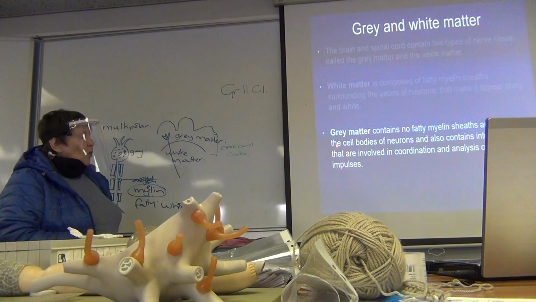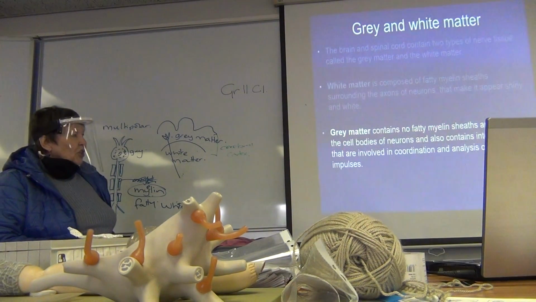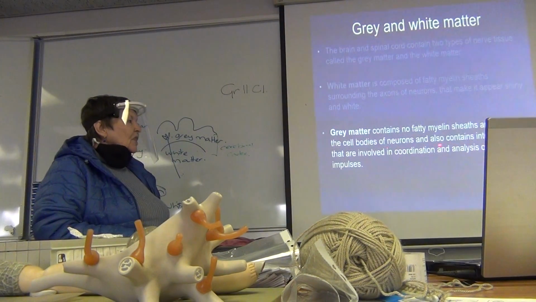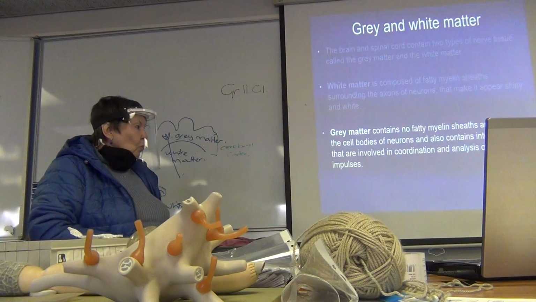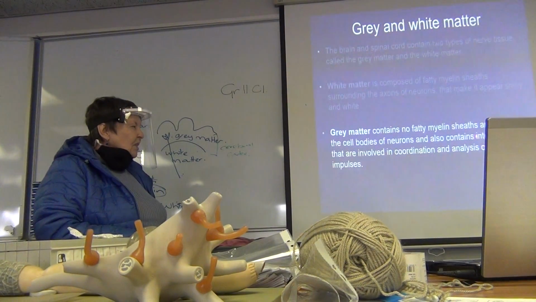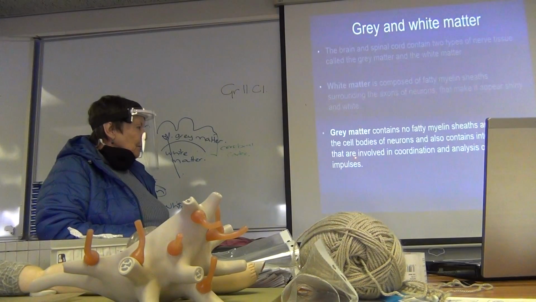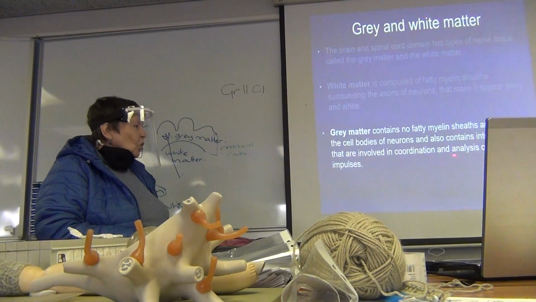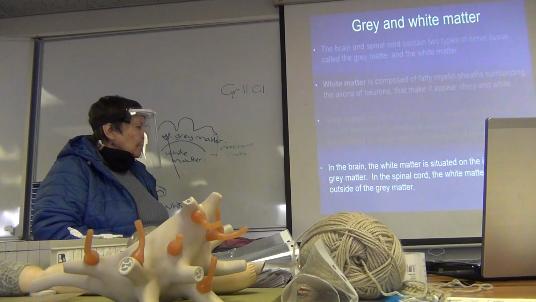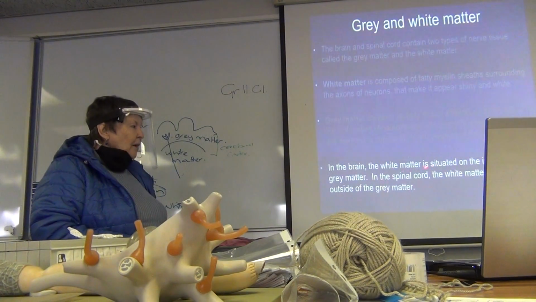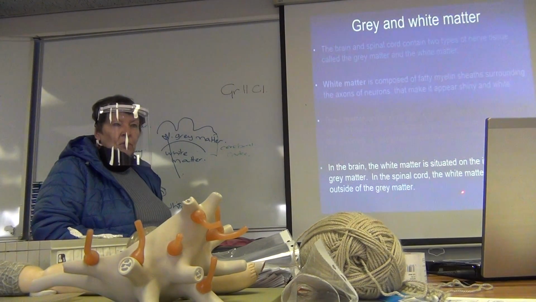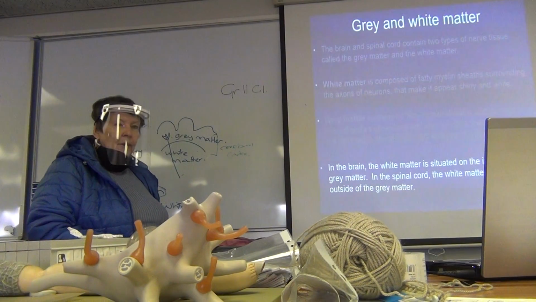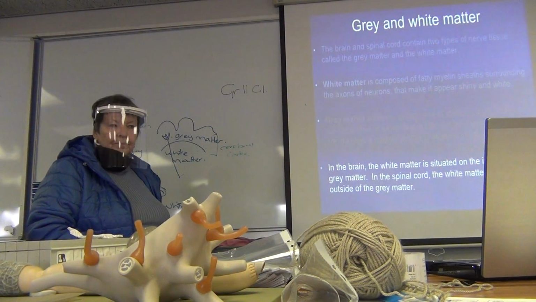Grey matter contains no fatty myelin sheaths, consists of the cell bodies of neurons, and also contains what are known as interneurons, which lie in different directions, and also stuff called glial cells, but don't obsess about that. And they're involved in coordination and analysis of nerve impulses. So in the brain, the white matter is on the inside and the grey matter is on the outside, but you're going to see when we deal with the spinal cord, it's the other way around. But it'll make sense when we get there.